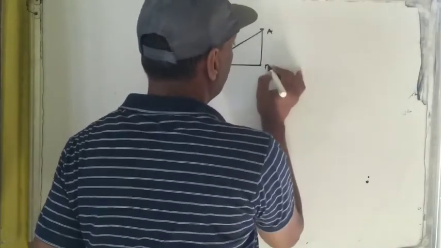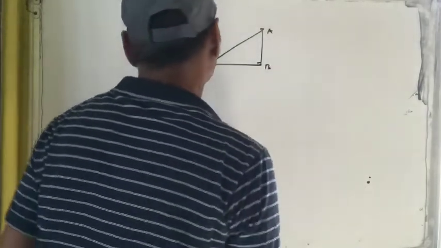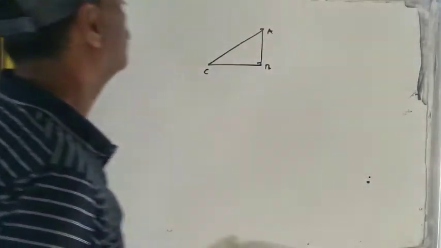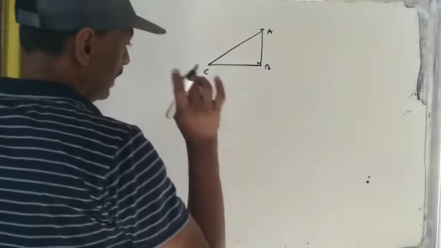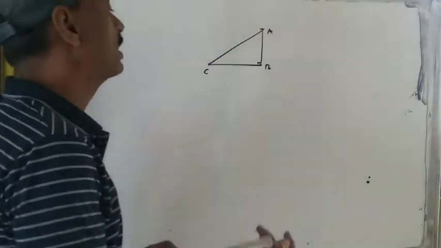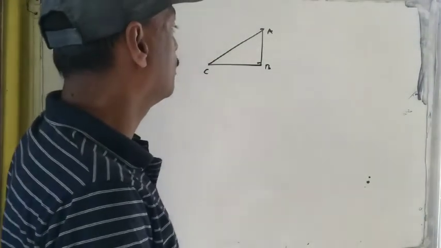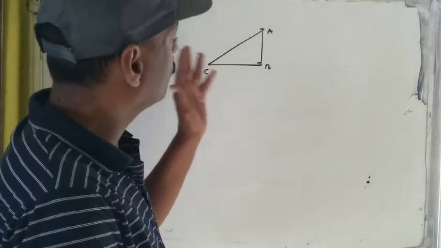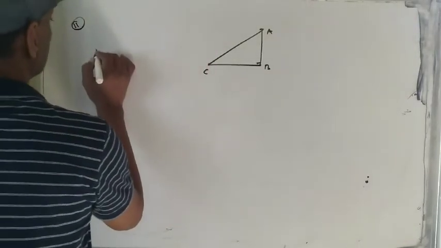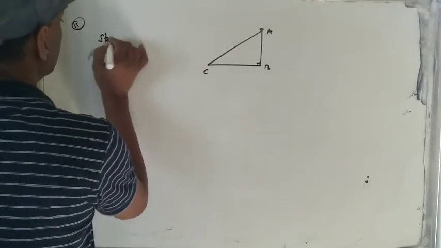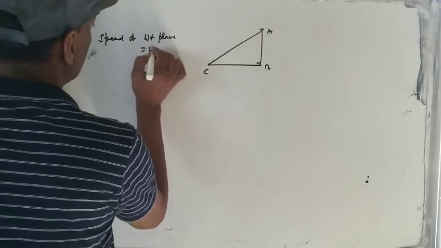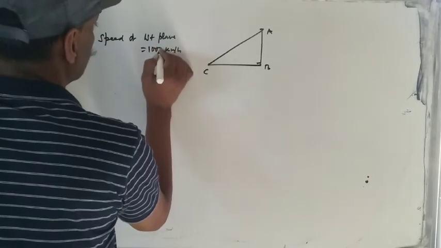Okay, so straight away the Pythagoras theorem is involved here again in this question number 11. See how we can solve this question. At first, the speed of the first plane, which is flying to the north, is 1000 km per hour. So after 1.5 hours, what is the distance covered by the first plane? Just write here: speed of first plane equal to 1000 km per hour.